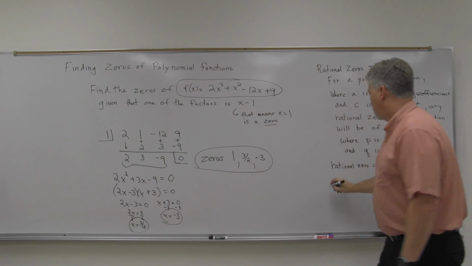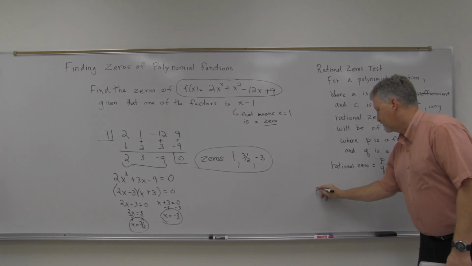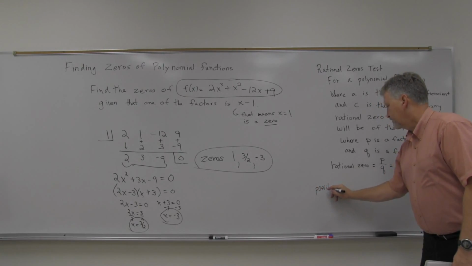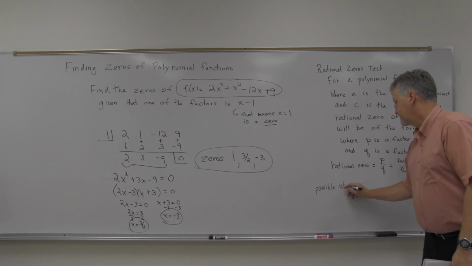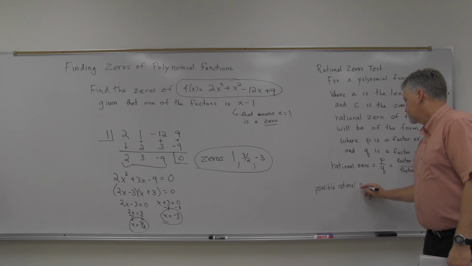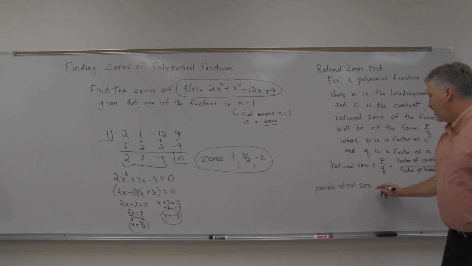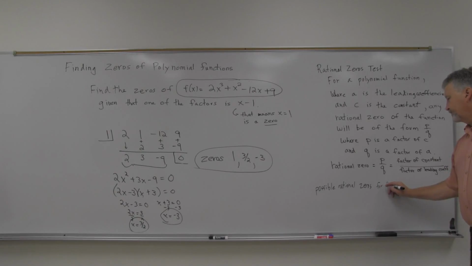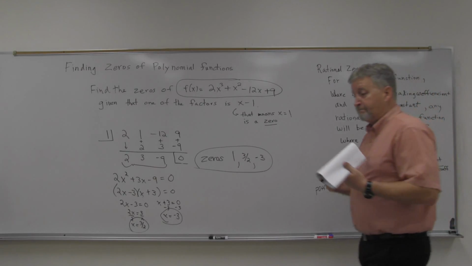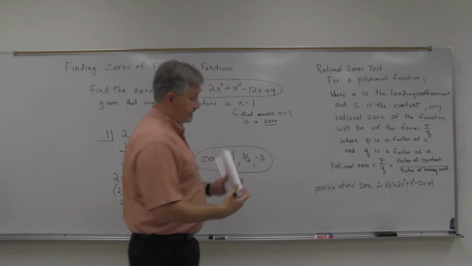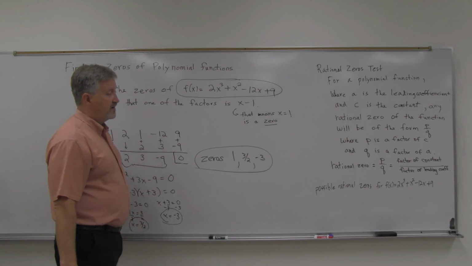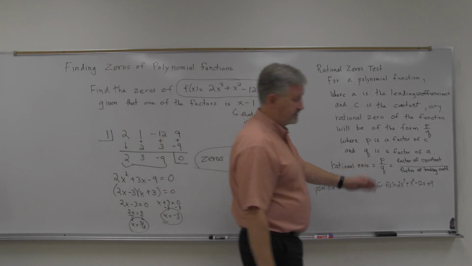What they'll ask here is, what are the possible rational zeros for f of x equals 2x cubed plus x squared minus 12x plus 9? We already know the zeros, but let's list out the possible ones just based on the equation.